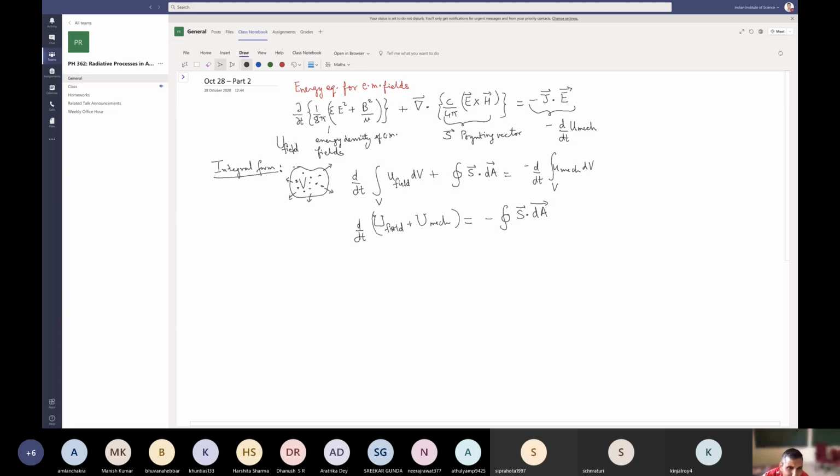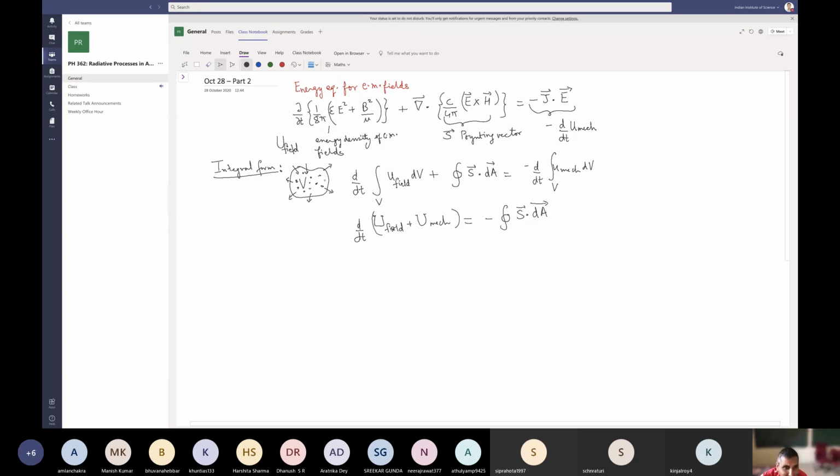If it leaks, it may also come in, but the energy only changes if there is Poynting flux, or the flux of electromagnetic energy, crossing this volume.